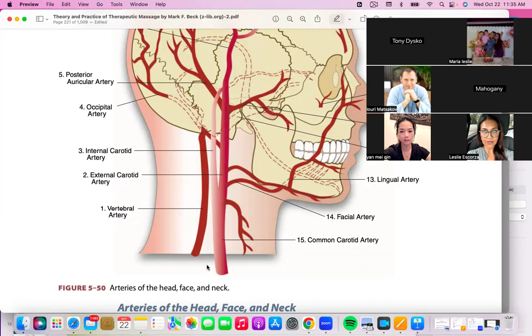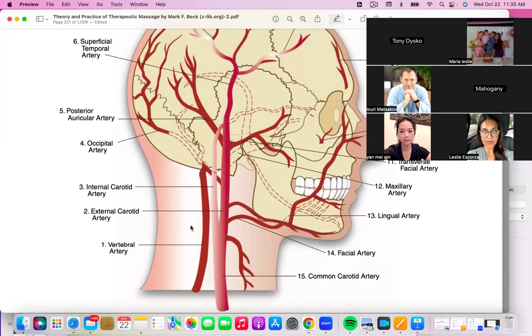It's right here on your neck. If you just place your hand a little bit laterally to the neck, you can feel a pulse. You can place four fingers right underneath, let's say this is your trachea, just to the side of it, and you can feel a pulse. And that's your carotid artery.